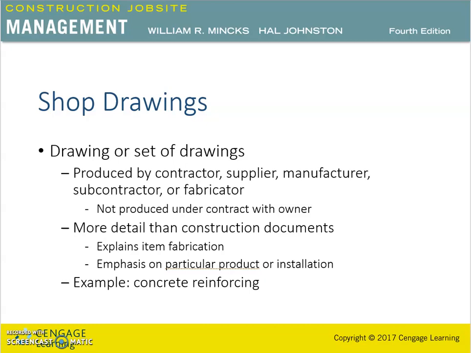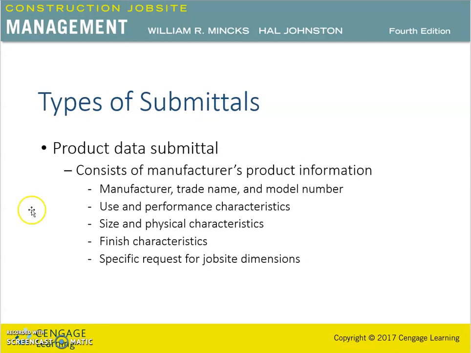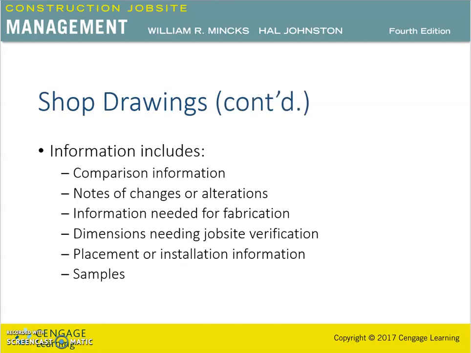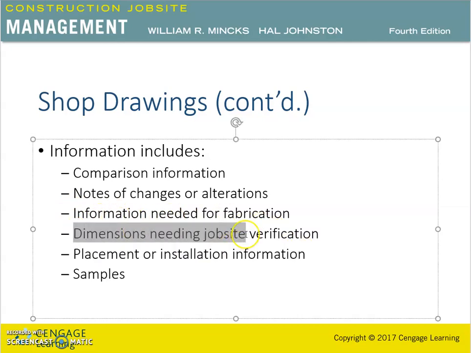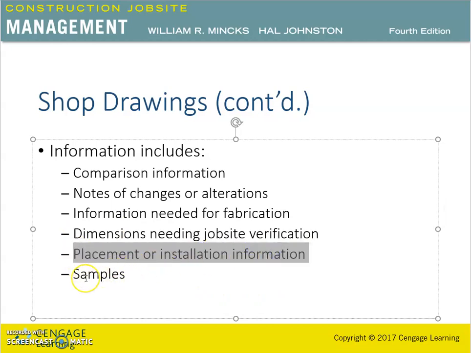Which kind of information is included in the shop drawings? For example, this information consists of comparison information, notes of changes or alterations, information needed for fabrication, dimensions needed for job site verification, placement or installation information, and samples.